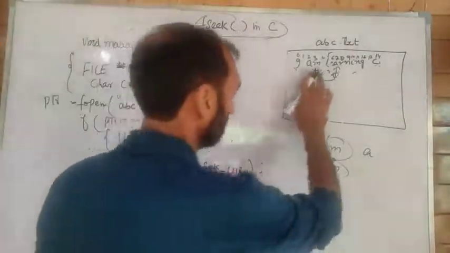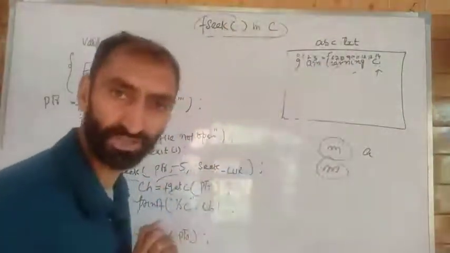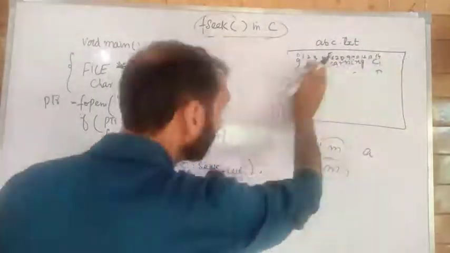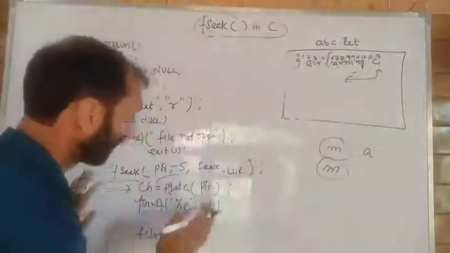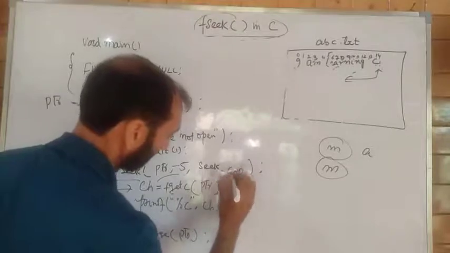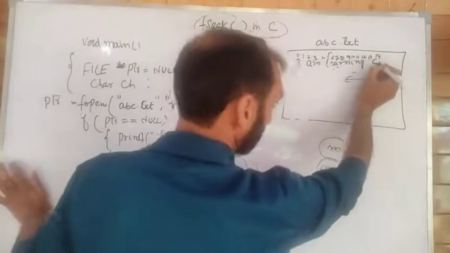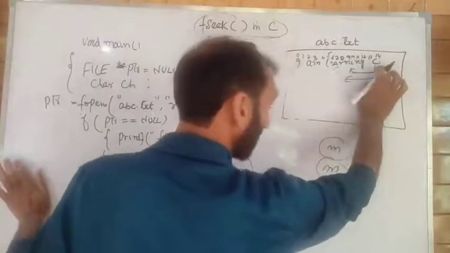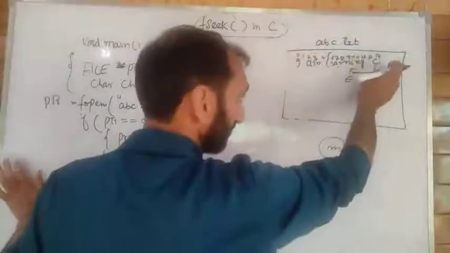Now, for example, suppose our cursor is at the end, and we want to move this cursor backwards from the end. Here we can simply write SEEK_END and -5. What does it do? 1, 2, 3, 4, and 5. It will move the cursor from the end 5 bytes backwards.